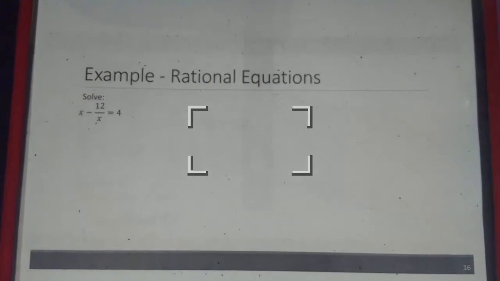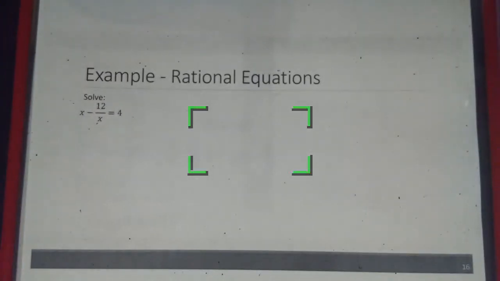Next up, we're looking at x minus 12 over x is equal to 4. I've taught this a few different ways in the past, and the way that seems to stick best with most people is to get all fractions to have the same denominator. And not just all fractions, but all terms. So I want all of my terms to have a denominator of x.